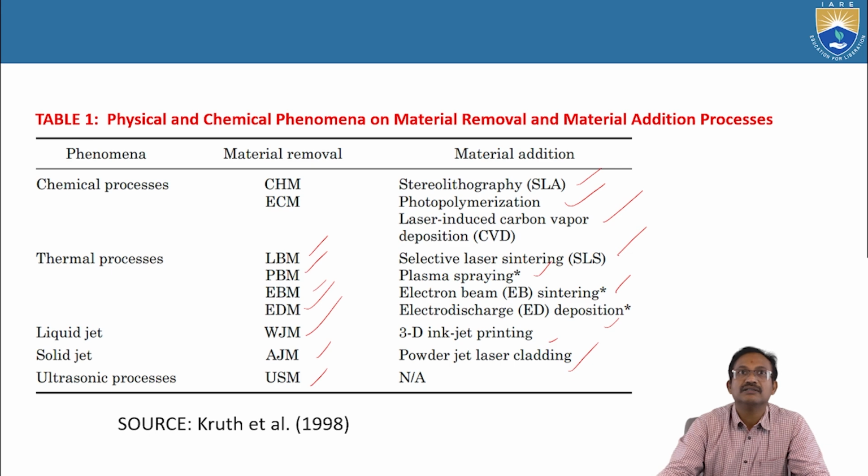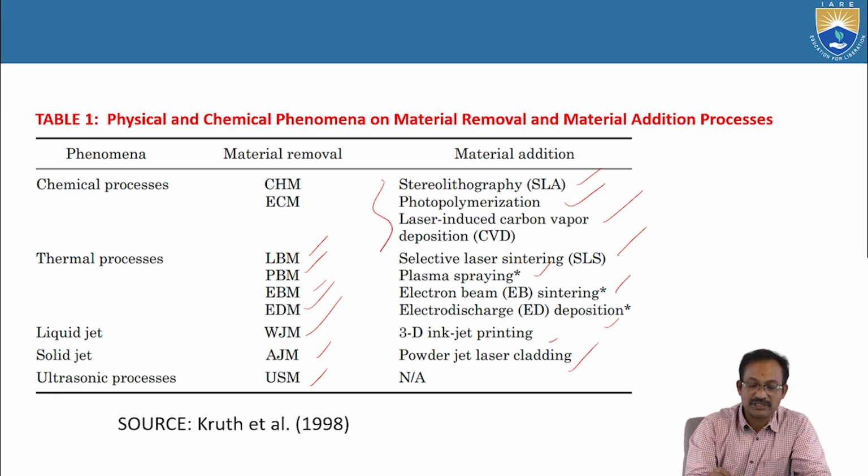So under chemical: stereolithography, photopolymerization, laser induced CVD. Whereas thermal processes are selective laser sintering, plasma spraying, electron beam sintering, and ED deposition. And under liquid jet, 3D inkjet printing.